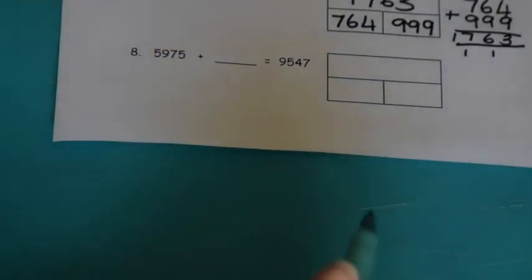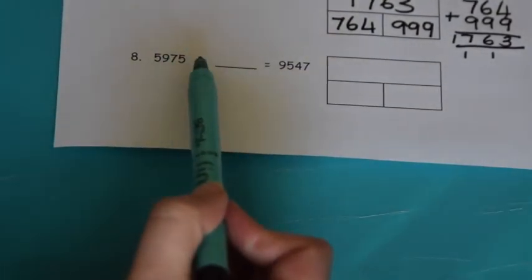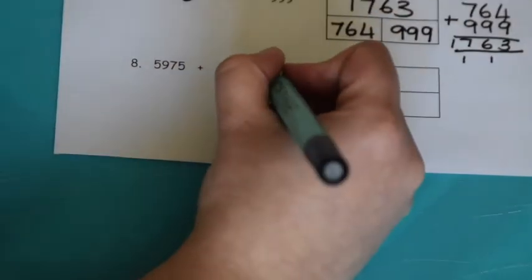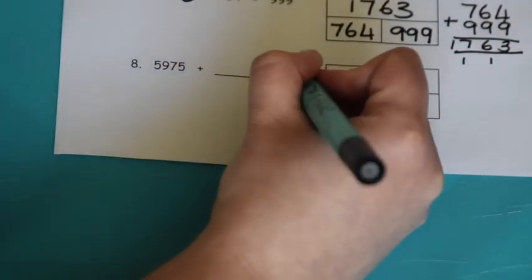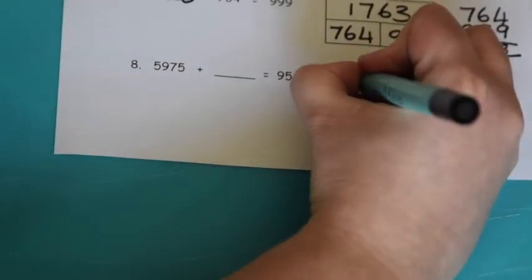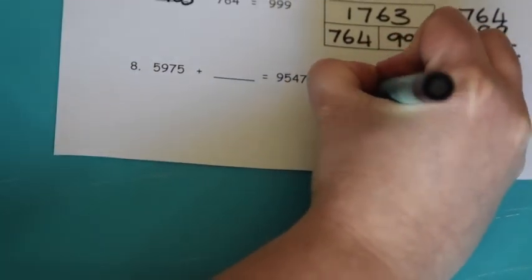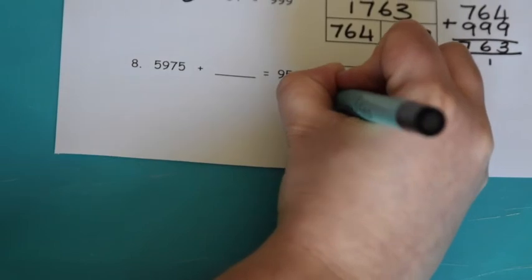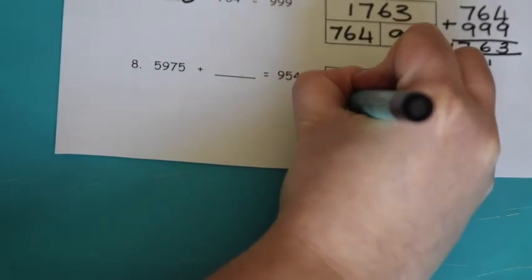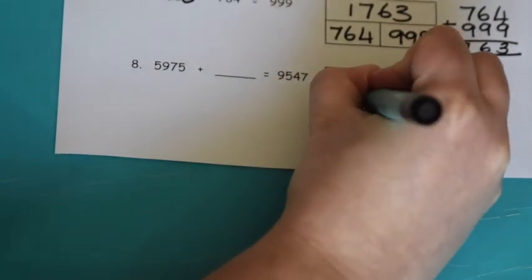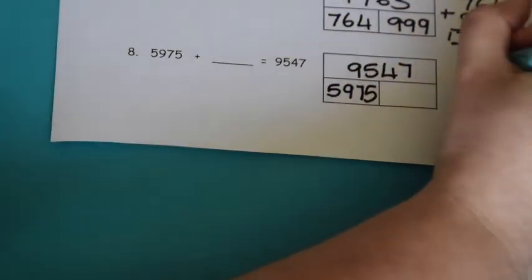Okay, the last one. So here, it's an addition number sentence. So we know that the number after the equal sign is going to be our largest number. And that will go in the top part of our bar. And then the other number will be one part of the bottom half of our bar. So to solve this, we need to subtract.